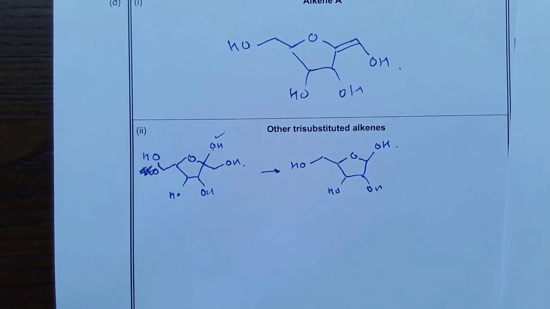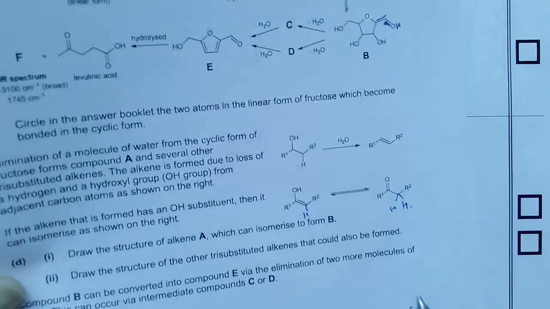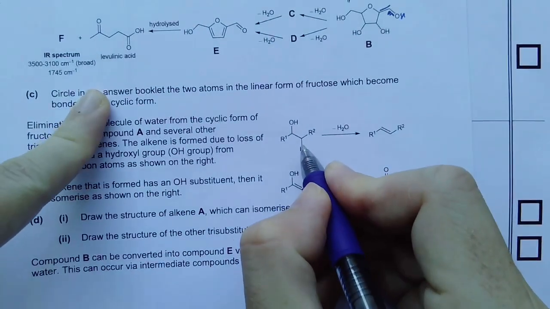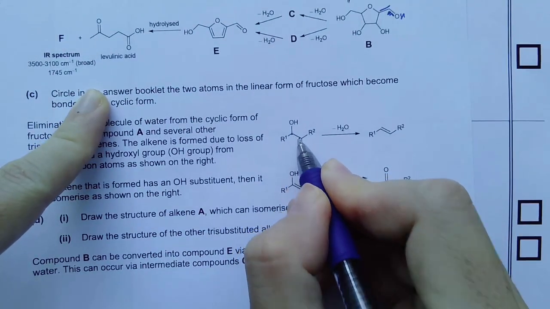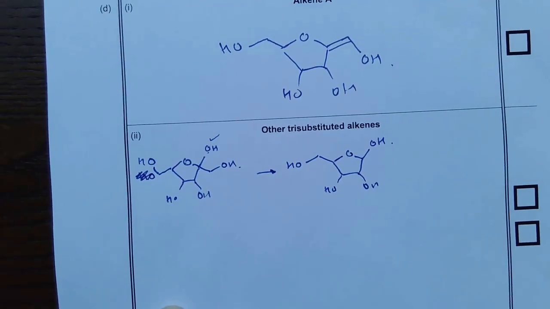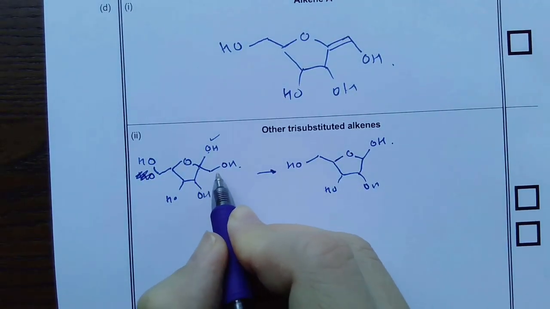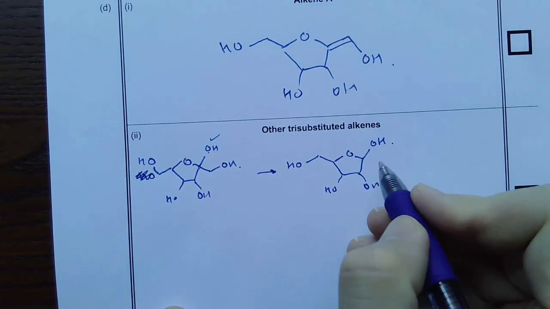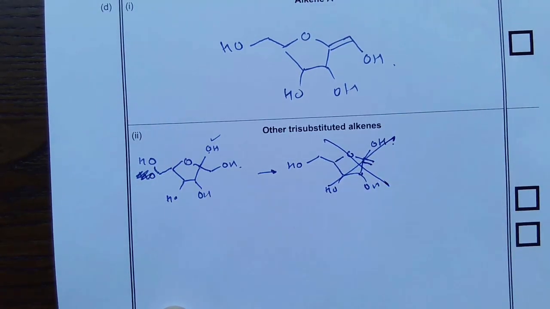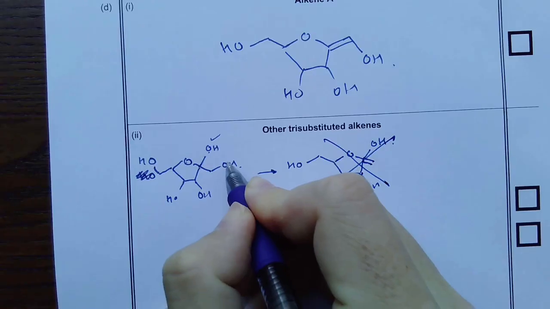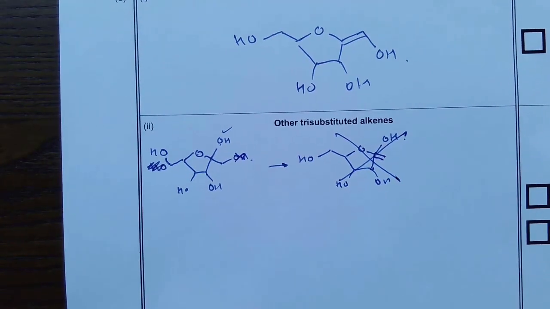There's no hydrogen for me to lose. You remember that in order to do this elimination, I have to have a hydrogen bonded to the adjacent carbon. So there's no way for me to do that. I can't have a double bond here. It's not going to work. So that one doesn't work.